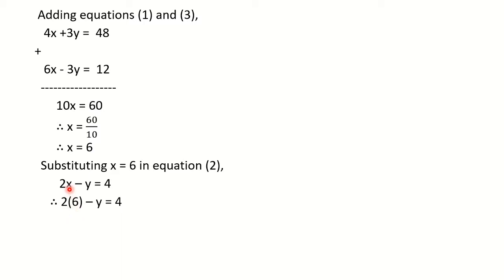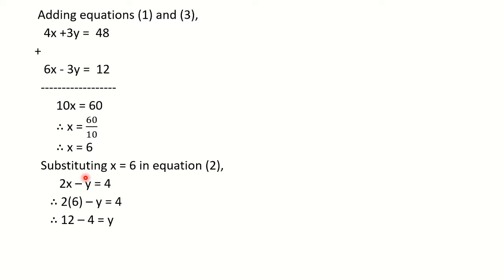Simply substitute, replace x by 6. So here 2 into 6, 12. Now if you shift this 4 this side, it will become minus, and if you shift this minus y to this side, it will become plus. So for our convenience, we will do that. See, 2 into 6, 12, minus 4.